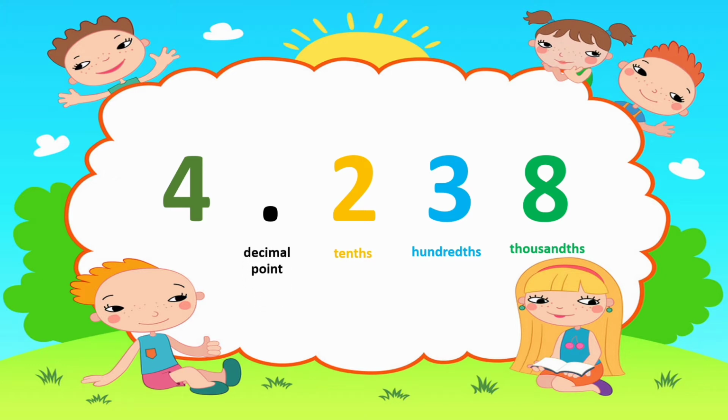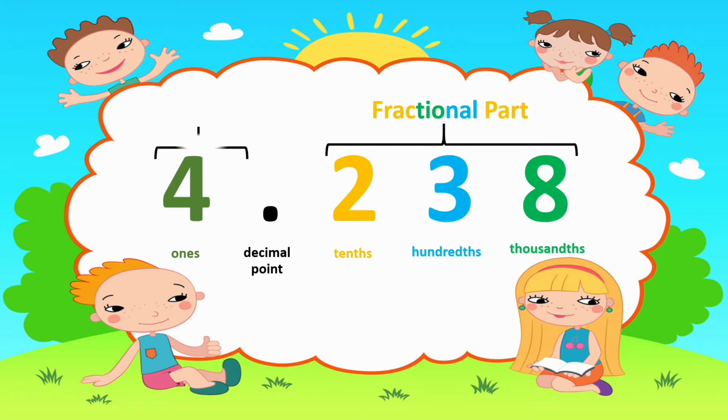And we have the decimal point, and here we start with ones place. Again, this is a fractional part, or it's called a decimal part, and the number before the decimal point is a whole number.